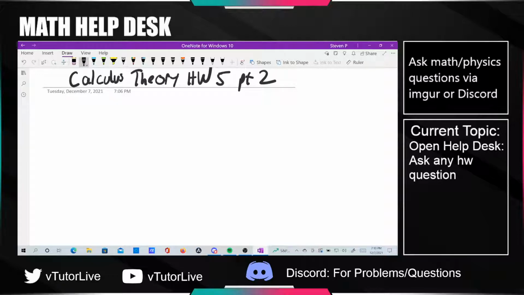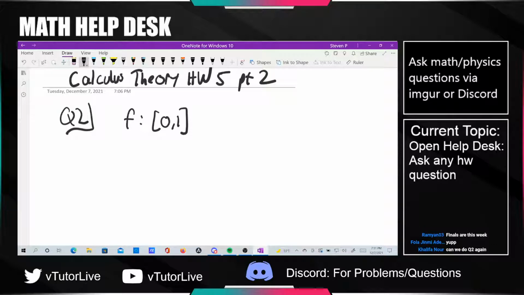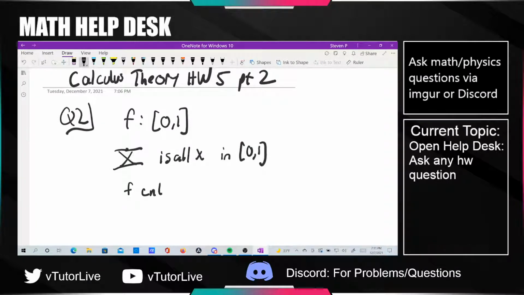But last we were talking, I think we were discussing a little bit about question 2. The concept is very similar: f is on a domain of 0 to 1, and capital X is the set of all little x in 0 to 1 such that f is continuous on 0 to x.